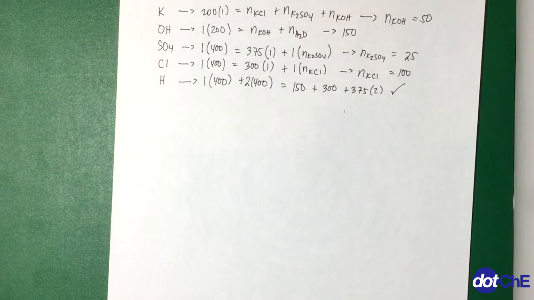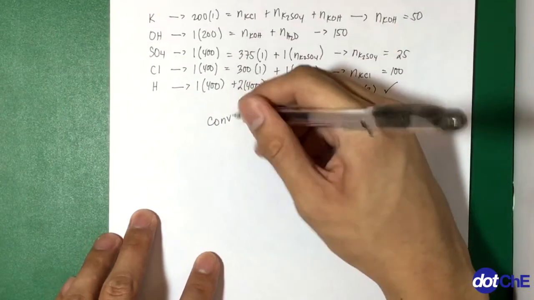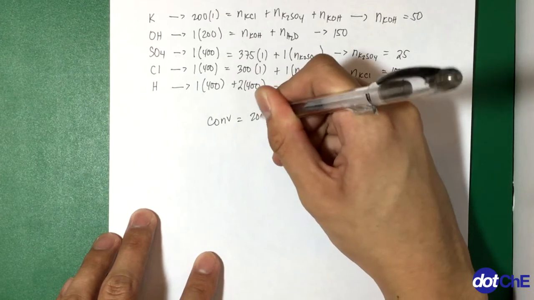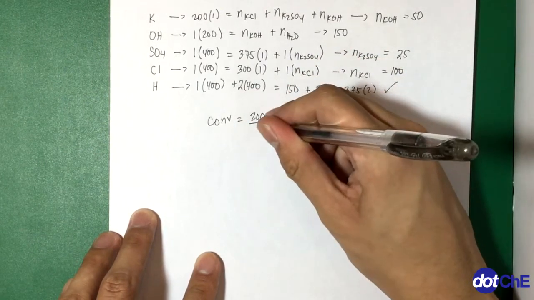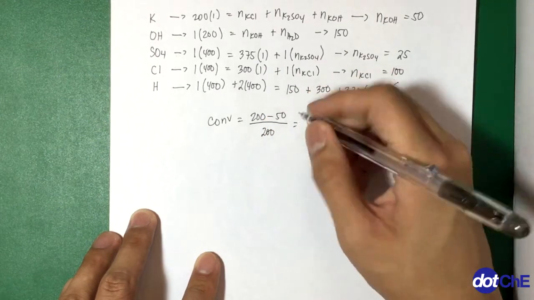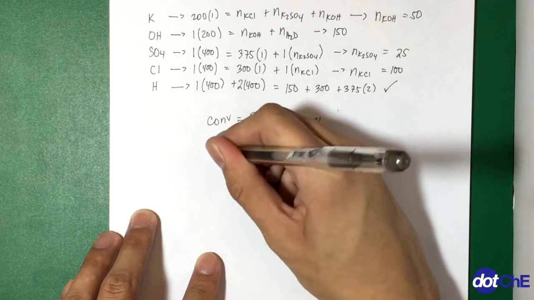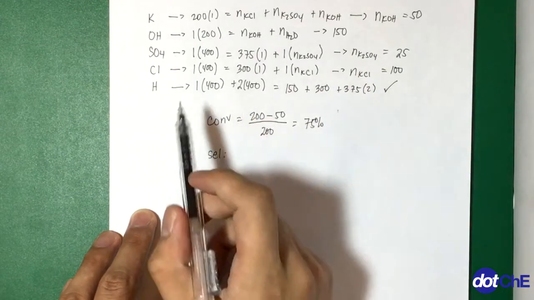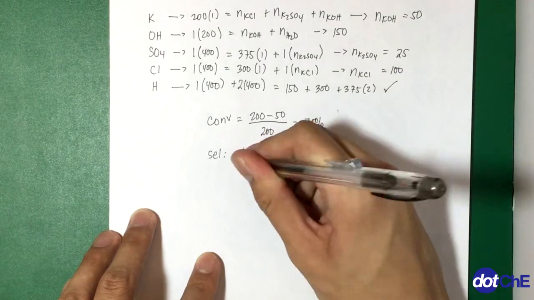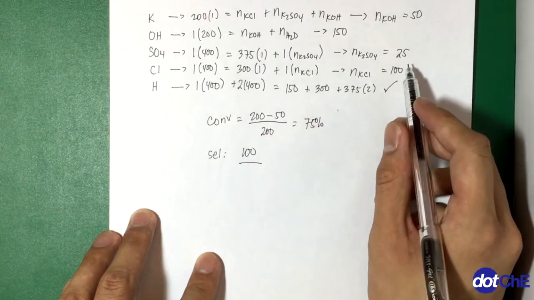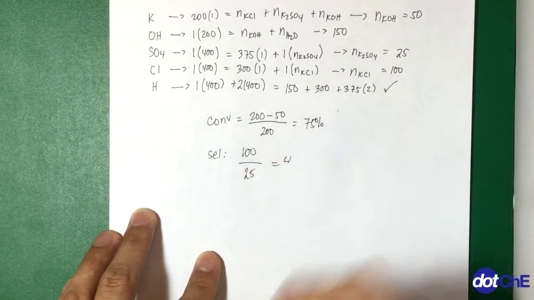Now, we're just going to get the few stats again. Conversion equates to 200 minus 50, this is in minus out over in. You will get approximately 75%. For selectivity, we get the amount of KCl, which is 100, then divide it by the other amount, which is K2SO4, which is 25. You get a selectivity of 4.